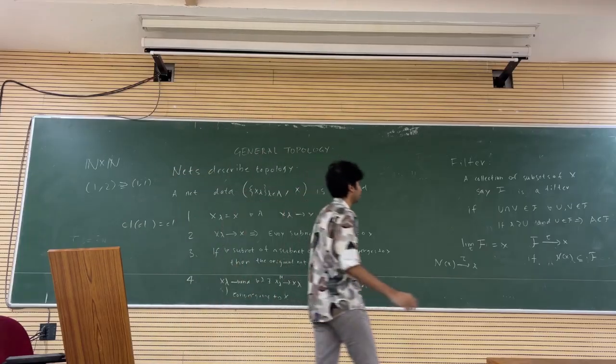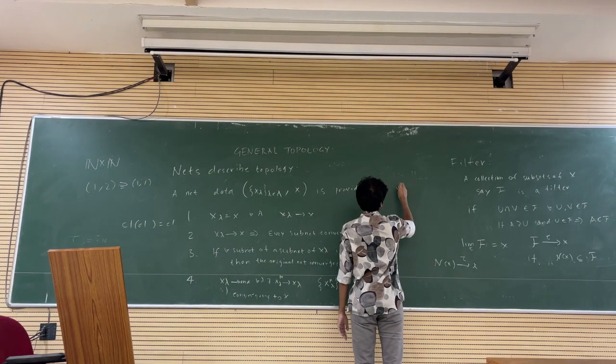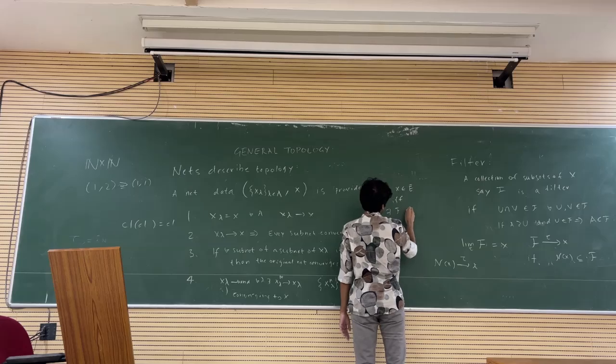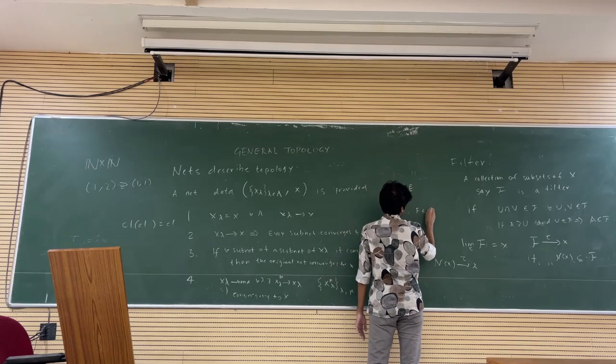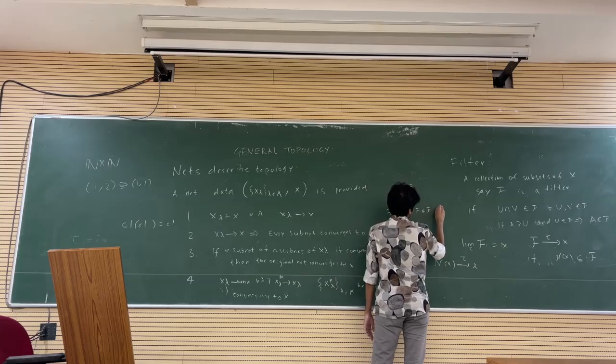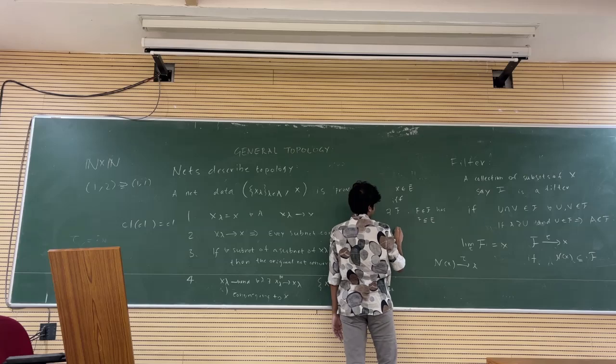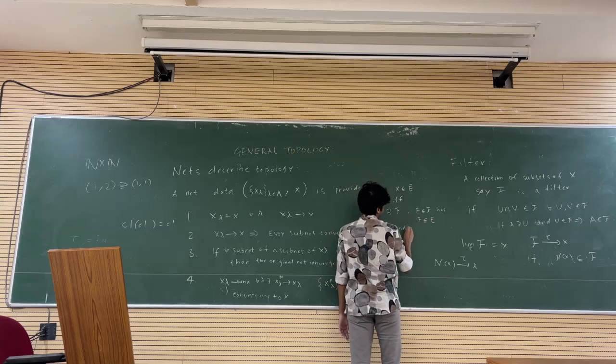What would that mean? Okay, let's just write that down. So x belongs to E closure if and only if there exists F such that F belongs to F as F subset of E, and F a filter.